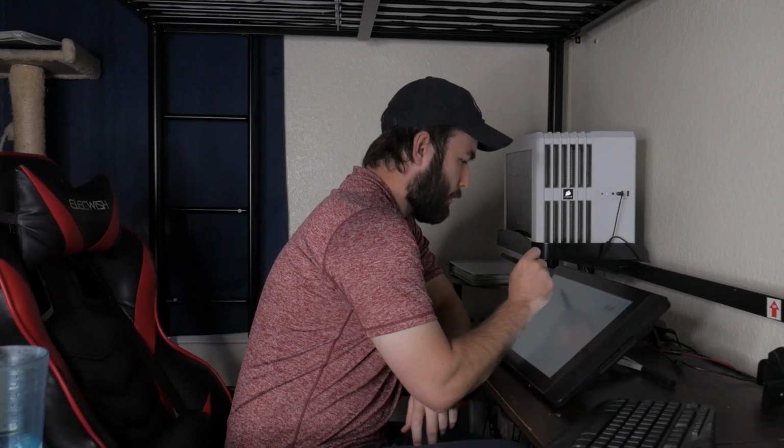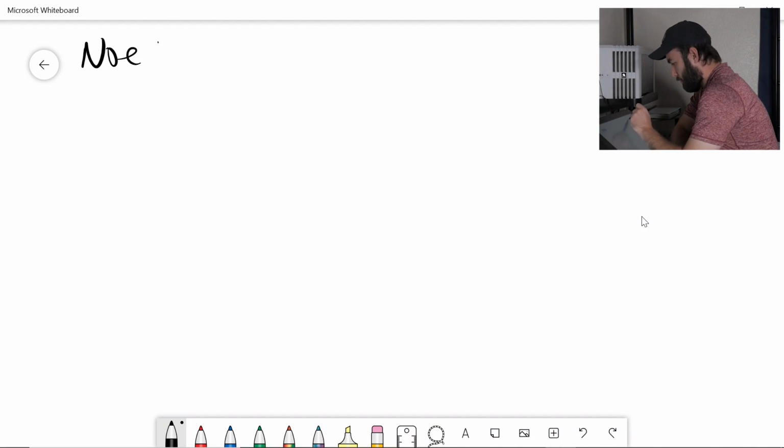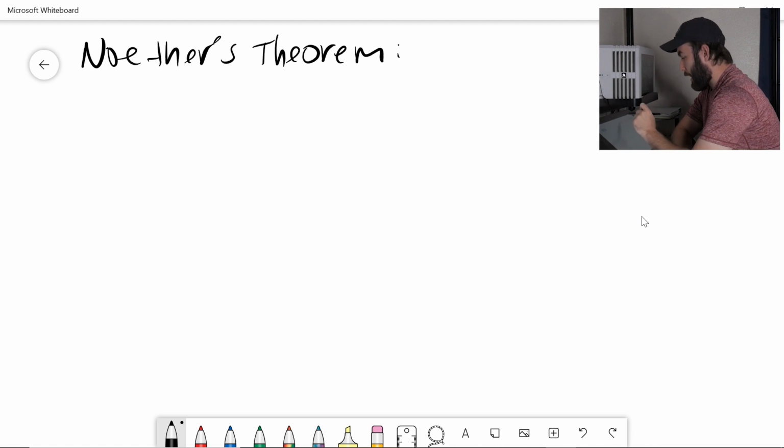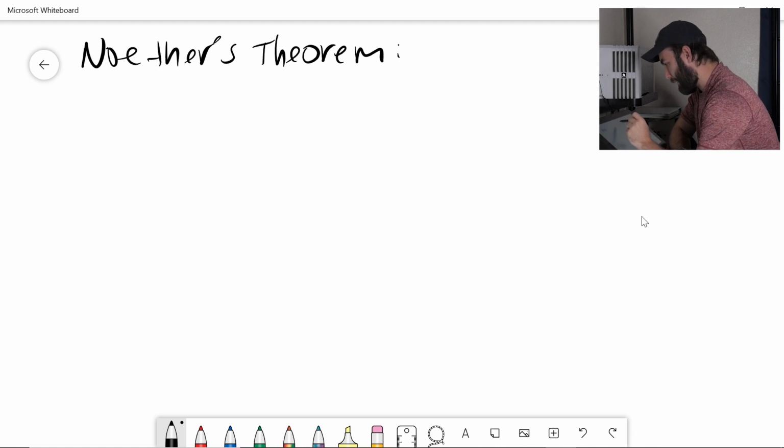But anyways, Noether's theorem. So Noether's theorem says that, I don't know if there should be an apostrophe there, but I'm going to put one there anyways.